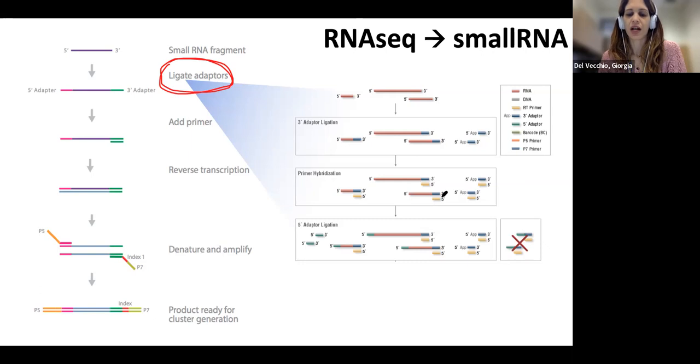For messenger RNA, we can use the poly A to specifically capture them. For the small RNA, we don't have any common feature, so there is no poly A. So we need to add the adapter to capture them, okay? Then the yellow one here is a reverse transcriptase primer.